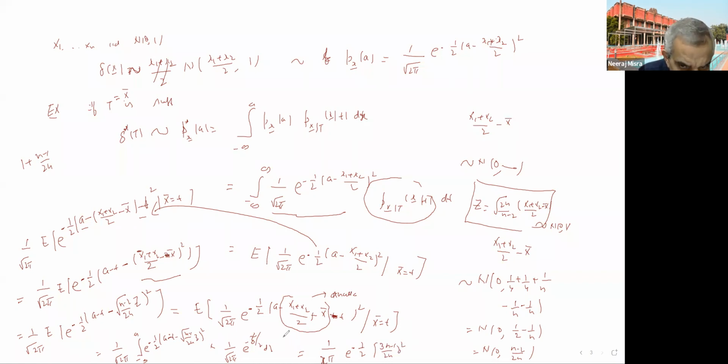z square. Then that becomes the factor of common z square. Then minus 2 root n upon n minus 1 z (a minus t), right? And then e to the power minus half (a minus t) whole square, right?